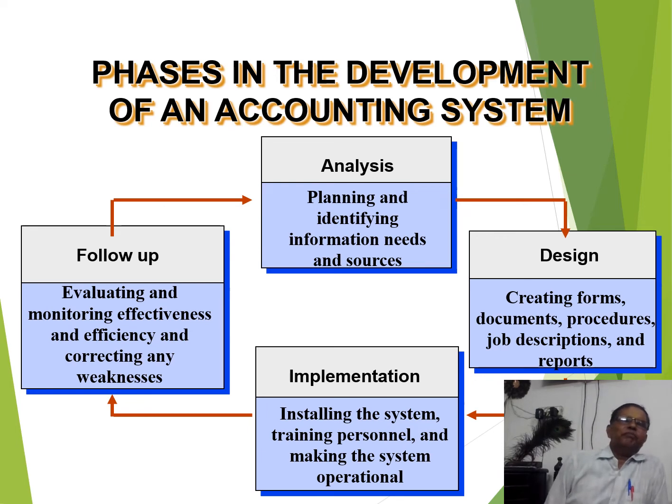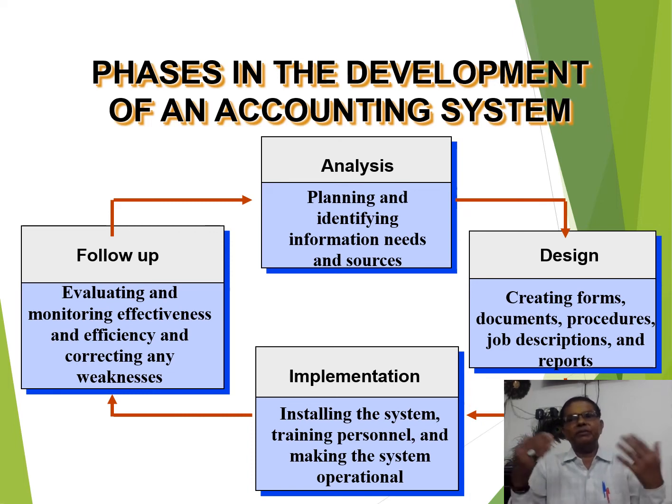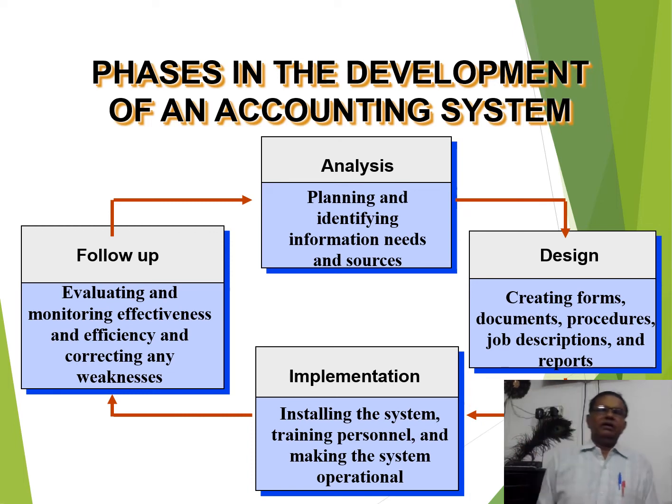Next one is the different phases in development of an accounting system, how we can develop an accounting system in our organization and how it is developed in a big organization as well. There is analysis, planning and identifying information needs and record resources to be recorded, and we have to develop the design, creating different types of forms, different types of systems, whether manual, online or computerized.